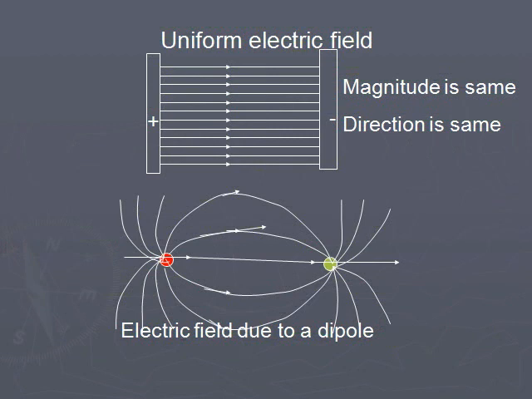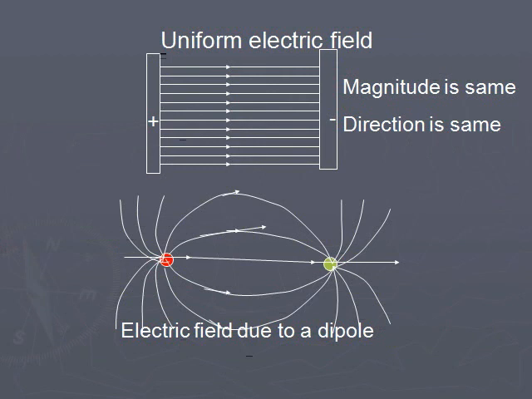Such a pair of charges is known as a dipole. A pair of positive and negative charges of the same magnitude, if they are separated by some distance, is called a dipole. Dipole means two poles. The electric field due to such a dipole is shown in the bottom figure.